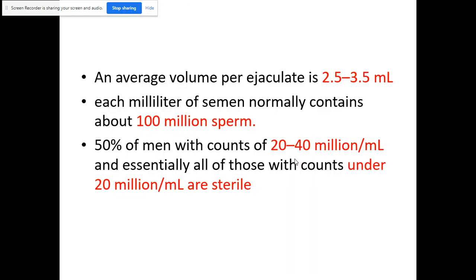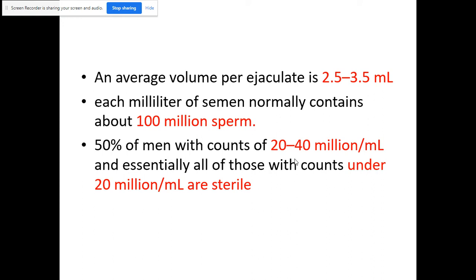The average volume per ejaculate is 2.5 to 3.5 ml after several days of abstinence from sexual activity. The volume of semen and the sperm count decrease rapidly with repeated ejaculation.